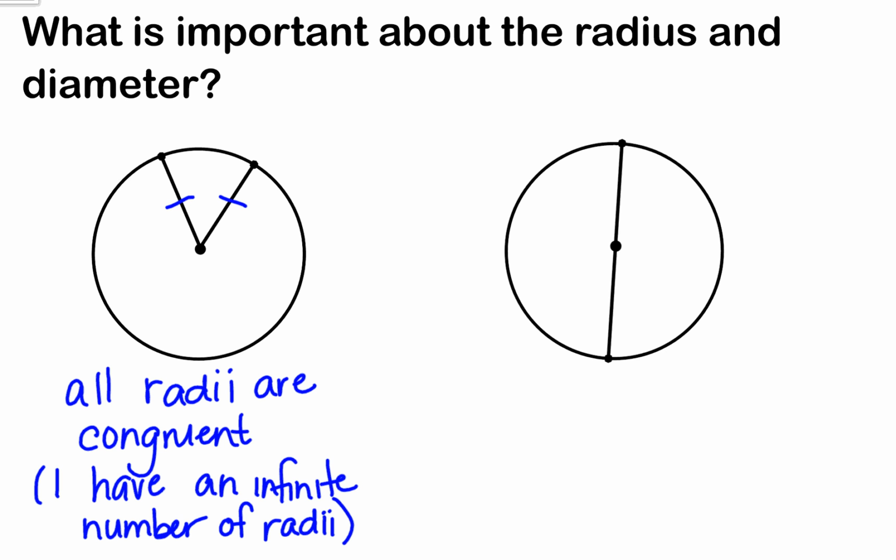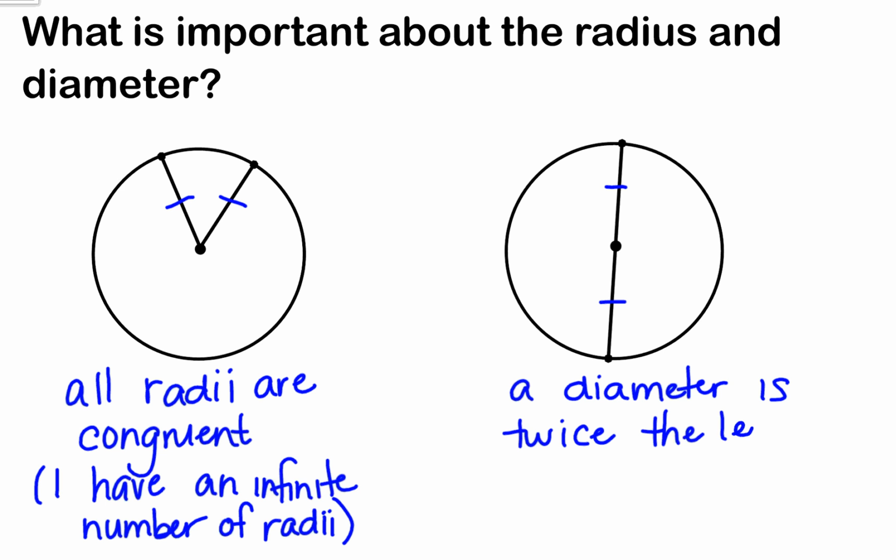If I talk about a diameter, I can see that I have 2 radii. So a diameter is twice the length of the radius because I have 2 of them. I also have an infinite number of diameters.